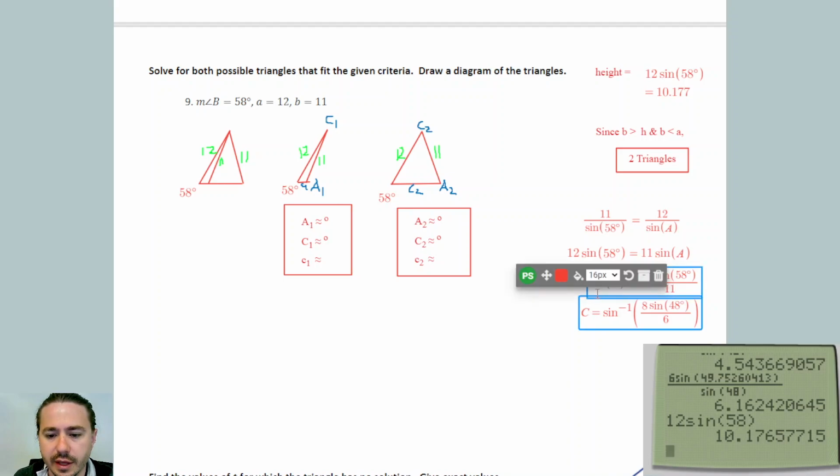And so A, let's fix that. A little toolbar gets in the way sometimes, I've noticed. So A equals the inverse sine of exactly that, 12 sine 58 over 11.